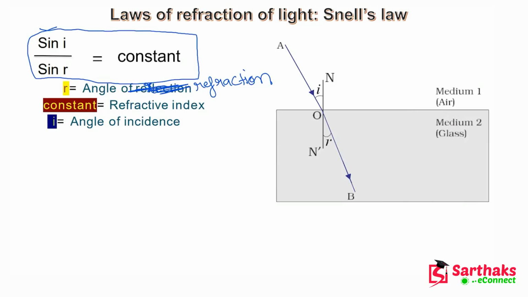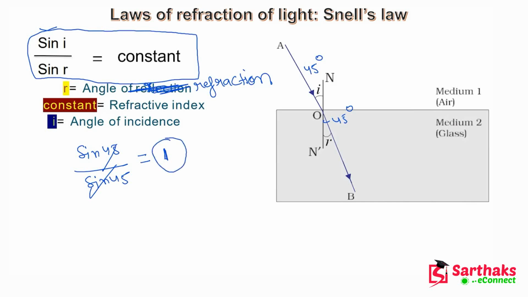is always constant. Let's suppose the angle of incidence here is 45 degrees and here it is also 45 degrees. So you will write sine 45 upon sine 45, and it will cancel and give you the result 1.